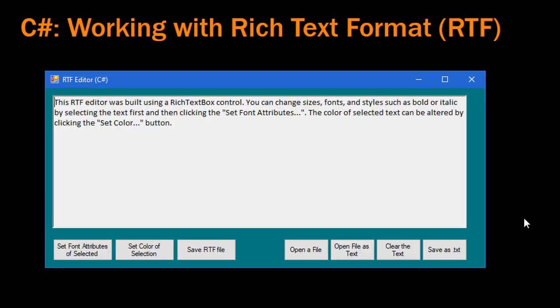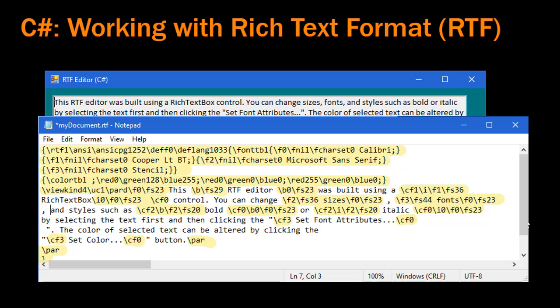Rich text format is common pretty much amongst all word processing software, so it's easy to share files and retain the formatting between different applications. The RTF format is somewhat similar to HTML. There are tags embedded in the text that tell it what fonts to use, what sizes, what colors, what the margins are, and so forth.